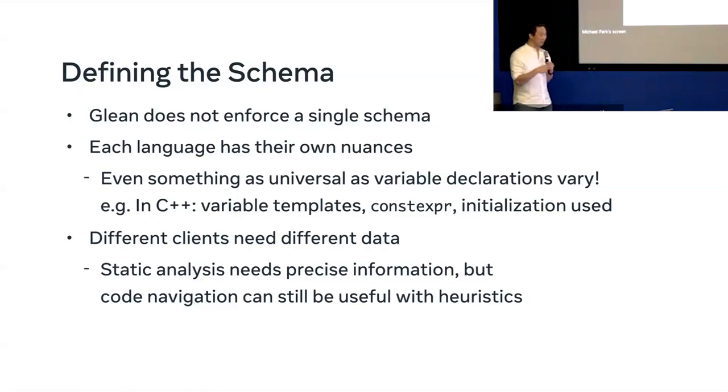And I'll get into what those details are just after this. But basically, the reason for not providing a single schema is because each language has its own nuances and specifics. C++ has plenty of those, right? And different clients need different data, even for the same language. And I'll give a specific example of what I mean by that.